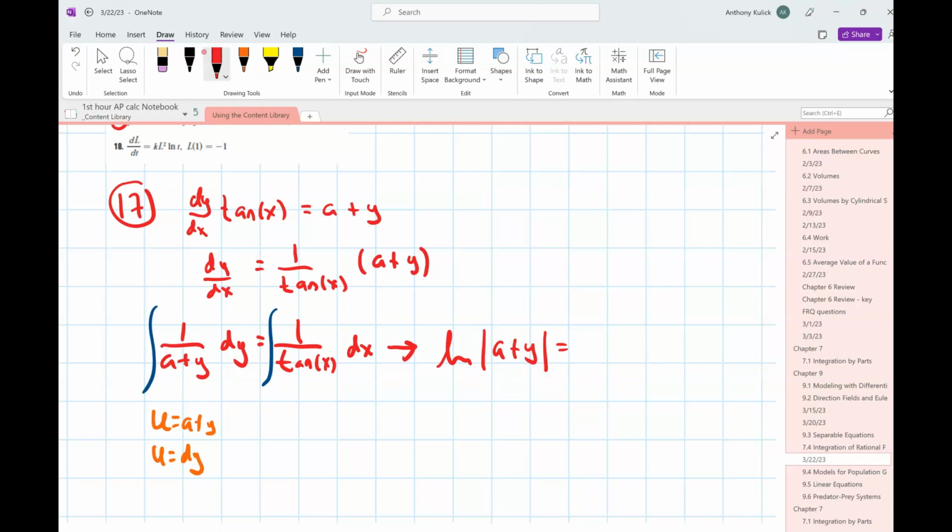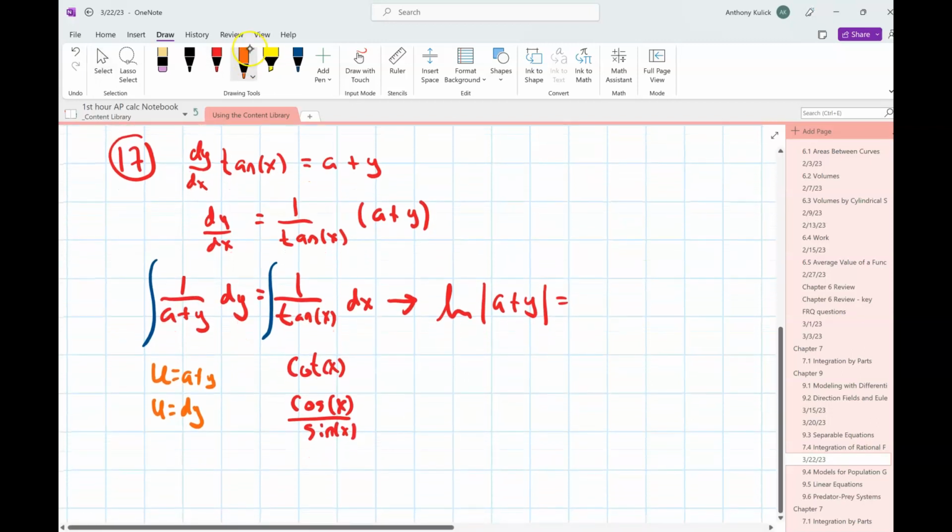And then the integral of 1 over tan, or that's the integral of cotangent. And that still doesn't look appealing to me. But if I write that as the cosine over sine, now I think I'm in business.